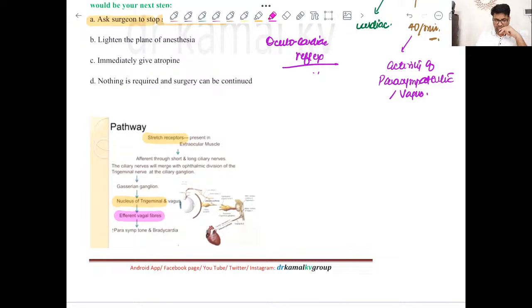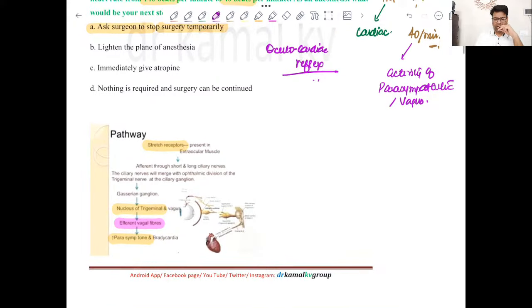So the afferent is fifth nerve and the efferent is 10th nerve, and through the involvement of the parasympathetic system, there will be bradycardia, right? So what you need to do, just wait for some time, hold the surgery for some time, and this will abolish the reflex. The heart rate will come back to normal automatically, right?